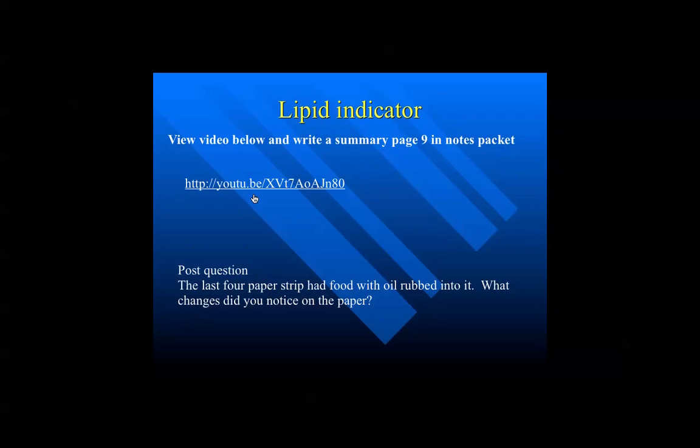So after you've viewed the video, I want you to come back and answer this post question here. And you're going to fill in the summary in your class notes. At the bottom of page 9, it says summary of lipids, lipid indicator activity. I want you to fill in your answer to this question in that square box.